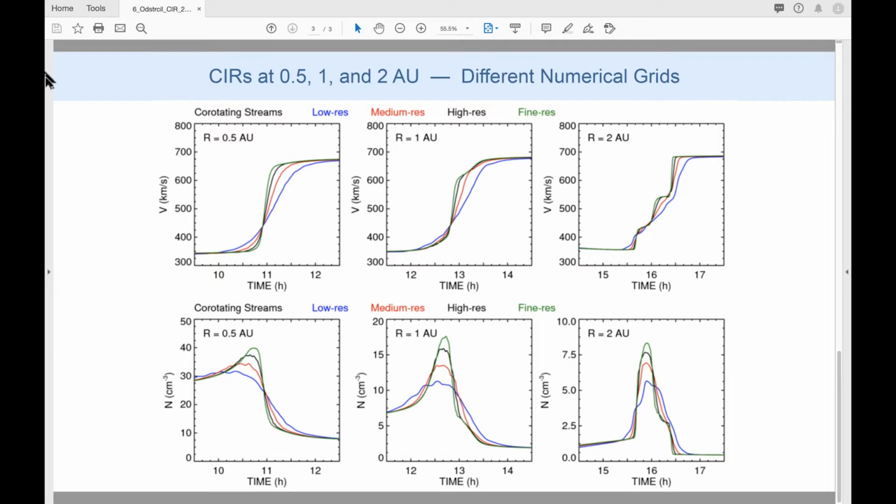Low resolution is 4 degrees angularly, and medium resolution, which is what is used in operational forecasting, is 2 degrees angularly, and you see that it is not enough to make the resolution very good at the central column at 1AU. So you have to go to high resolution, black, and fine resolution, green, that eventually can see some signature, some potential origin of the shock structures that is much better seen on the rightmost column at 2AU.